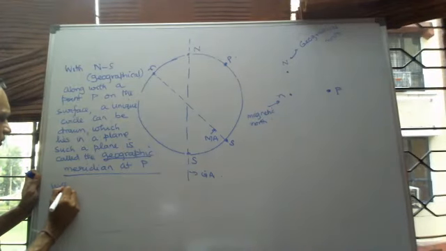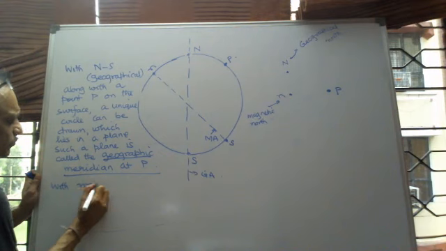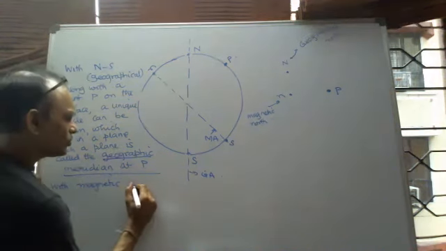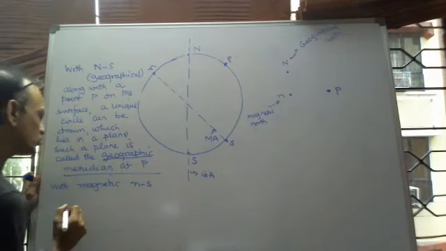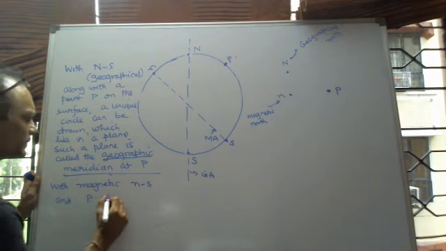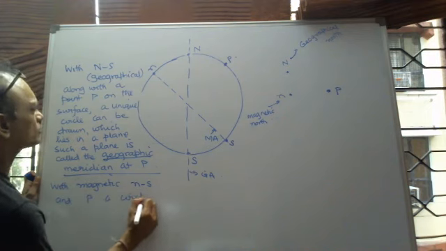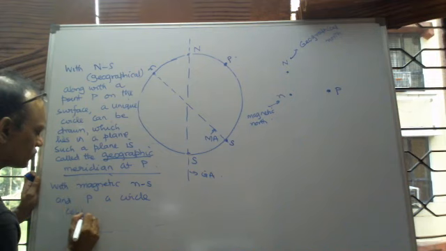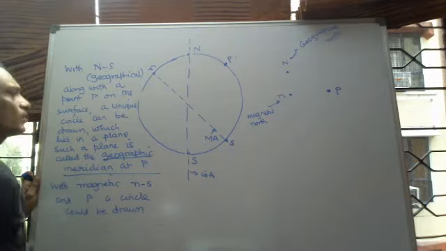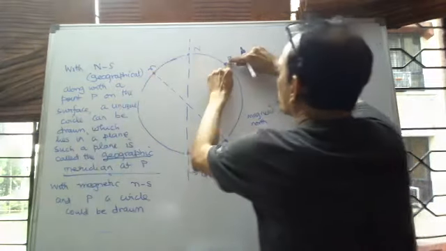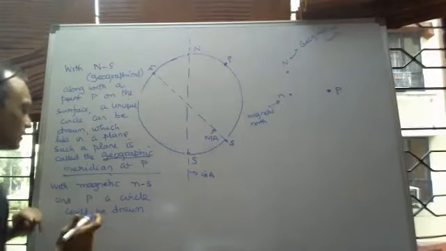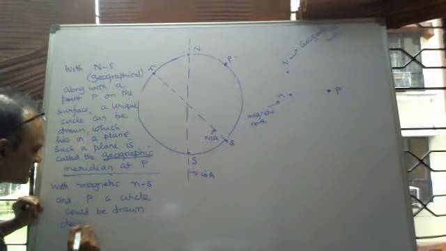With magnetic north-south and P, a circle could be drawn. मतलब ये मैग्नेटिक नॉर्थ साउथ और P से एक सर्कल बना सकते हो, यूनिक सर्कल describing a certain plane.